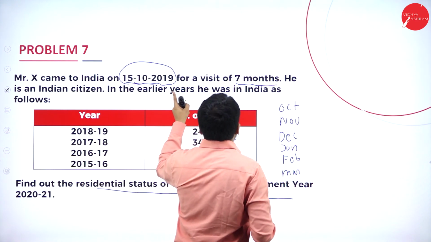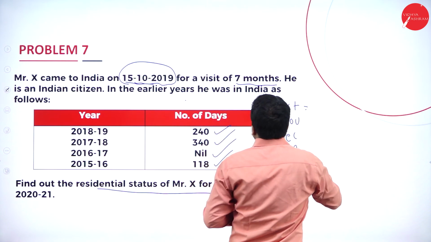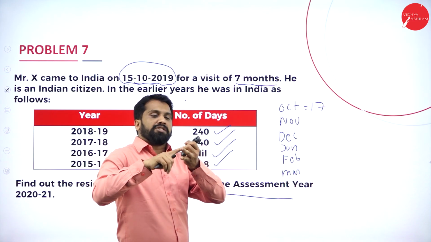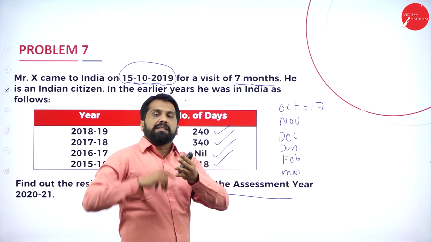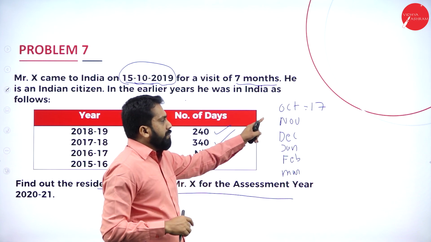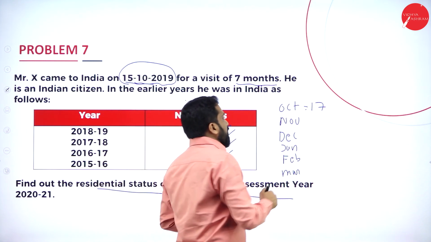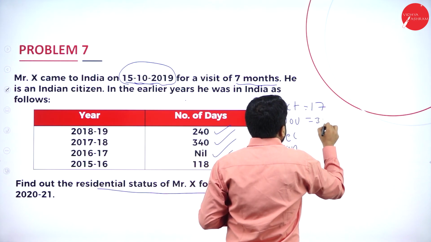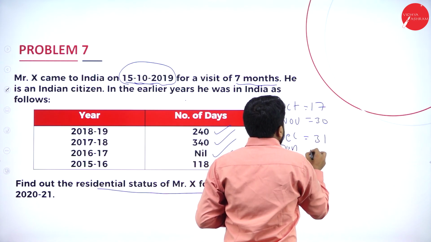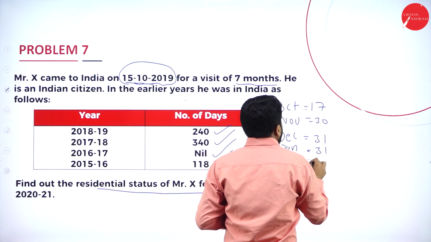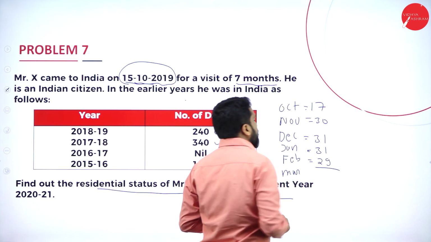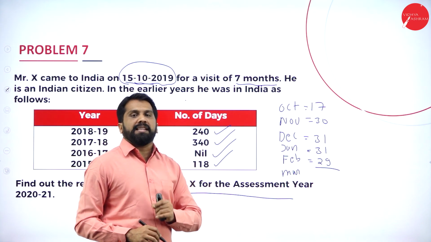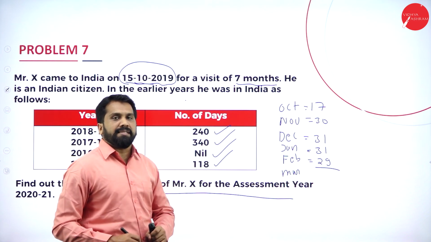So from 15th, 16th, 17th, 18th till 31st October, if you count, you will get 17 days. November has 30 days, December 31, January 31, February 29, because 2020 is a leap year and in a leap year we have 29 days.